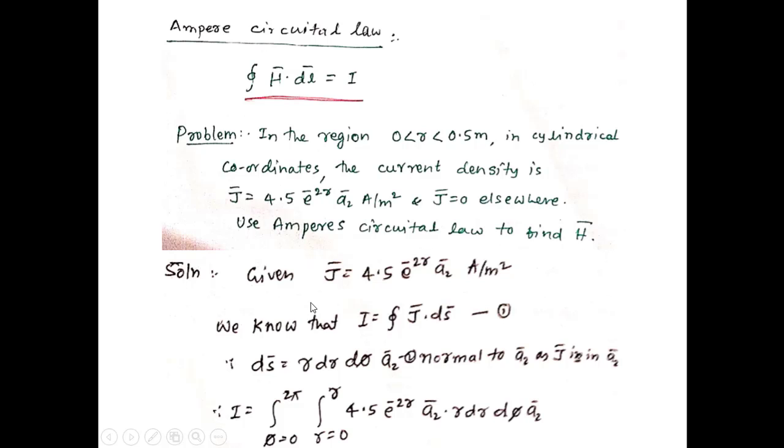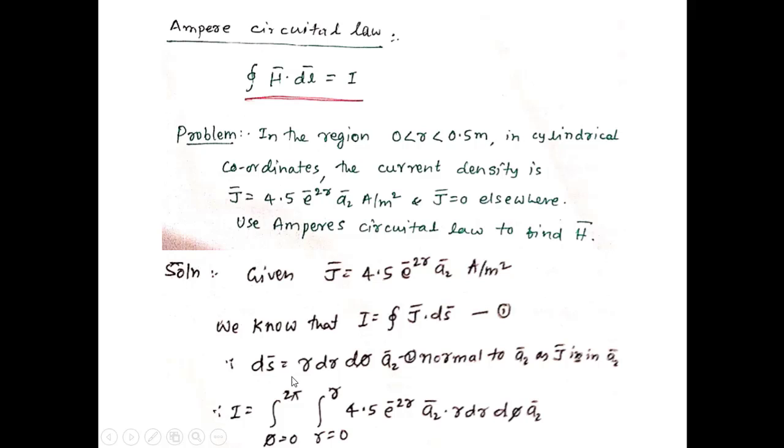So given current density J bar is equal to 4.5 e raised to minus 2r az bar ampere per meter square. You know that current I is given by the integration of J bar dot dS bar. The dS bar is equal to r dr d phi az bar, normal to the surface, as J bar is in az bar direction.